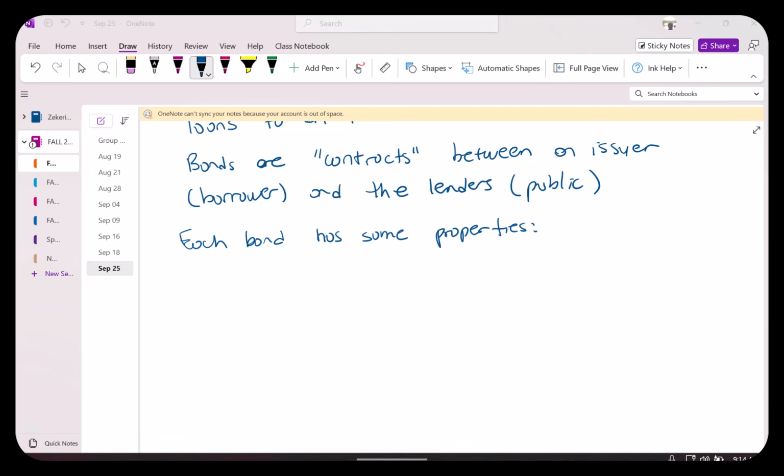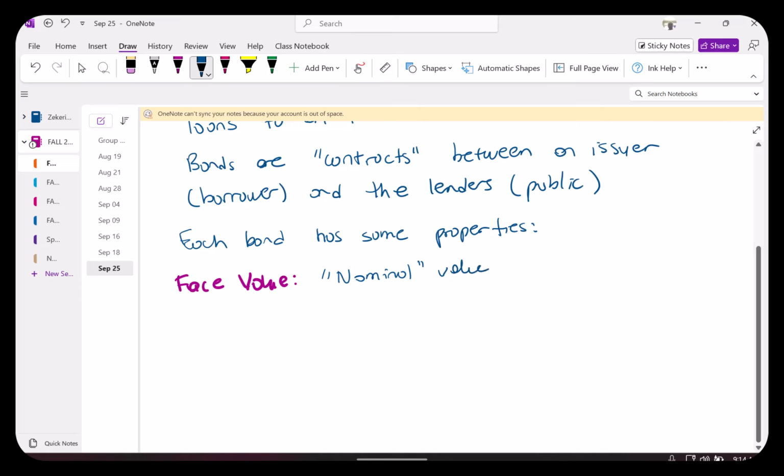So each bond has something called face value. The so-called nominal value for each bond. Okay, each specific bond, and unless I tell you otherwise, these are about $1,000 for almost all U.S. bonds.